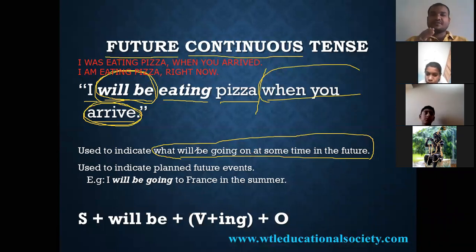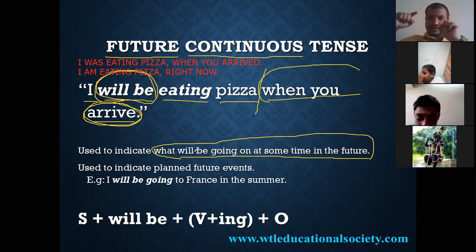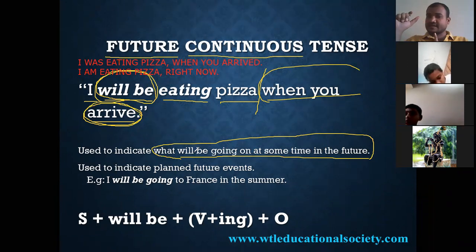So in that case, how can you say this? We will be listening to English class till 3 o'clock, which means half an hour. You're already listening to my class and you are going to continue half an hour more. In that case, you are using the future time frame. I'll be listening to English class till 3 o'clock.